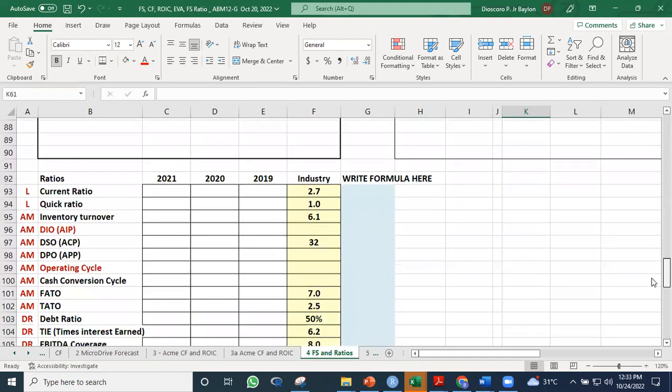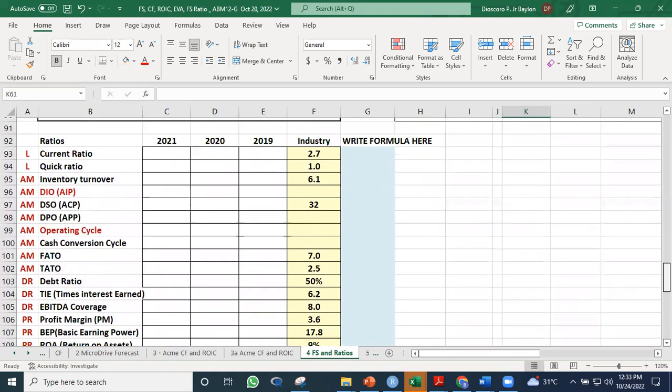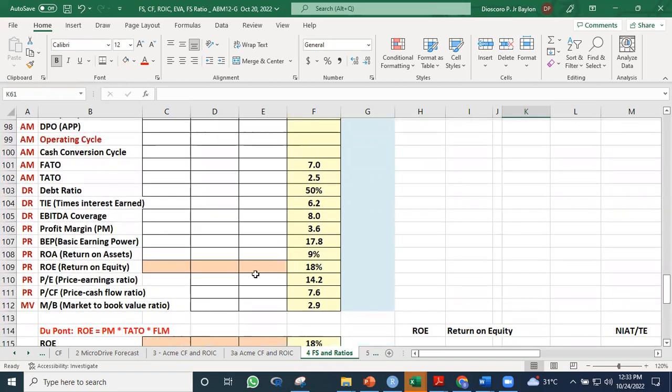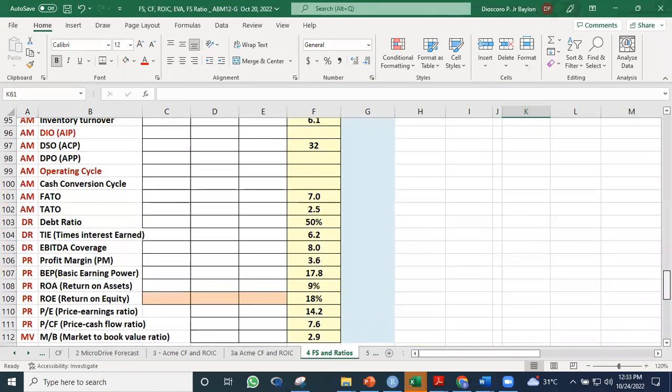So on Thursday, pakidala yung file na to, class. If you can bring your laptop, please do so. And then we'll go into the different types of ratios. We have liquidity, asset management ratio, debt ratio, profitability ratio, and market value ratios. And then we're going to take a look at the DuPont measure. Okay, ito yung mga traditional metrics.